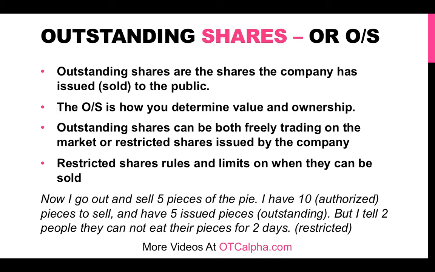But I tell 2 of those people that they cannot eat their pieces for 2 days, because I'm a meanie. So those 2 pieces are restricted. They're still a part of the ones that I have sold and issued. I got money for them, but I made a deal with them that I would sell them only if they don't eat them for 2 days. So those are restricted pieces of pie.